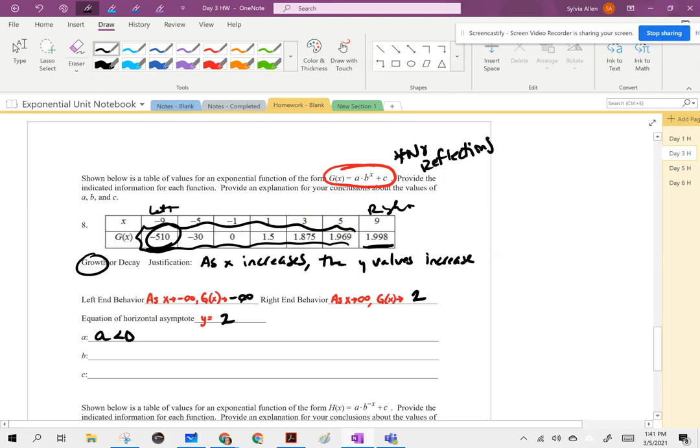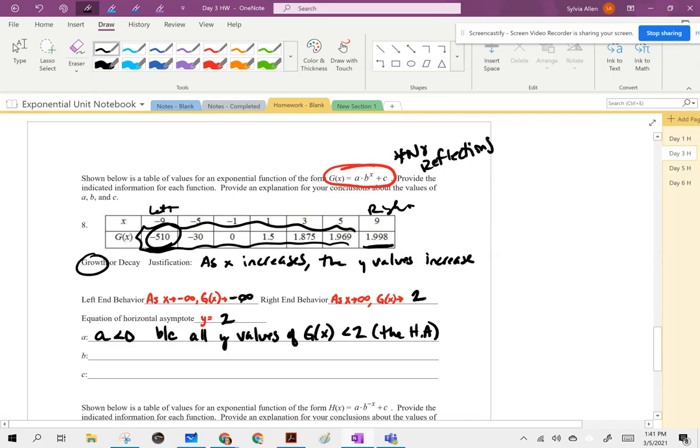So that means that graph is below that horizontal asymptote, which implies that A is less than 0. Okay, and that's just because all the y values of g of x are less than 2, which is the horizontal asymptote, right? All right, so it's under that.